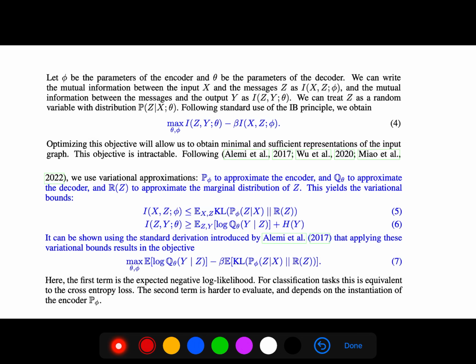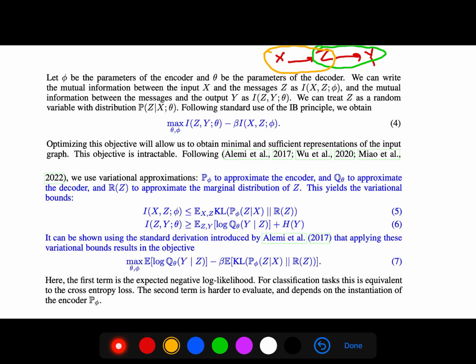So what they want is, first X, we have a latent variable Z, and we have our label Y. We want Z and Y, these two, to maximize mutual information, to be very dependent on each other. On the other hand, we want to reduce the mutual information between X and Z, because otherwise you get oversmoothing, where everything is just a copy of that.